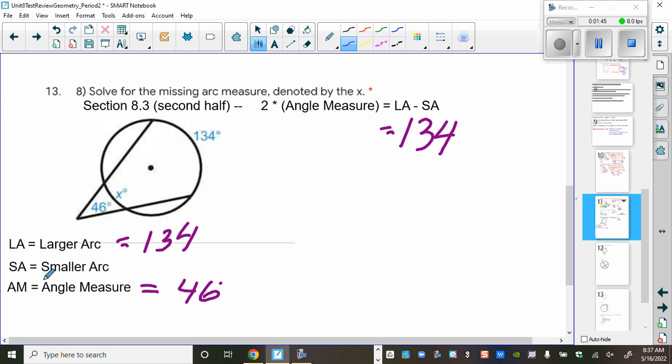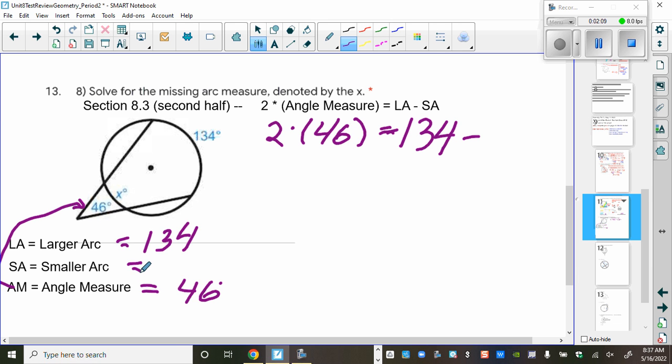The angle is going to be located here. There's your angle. It's going to be 2 times 46 equals 134 minus, well, do we know the smaller arc?